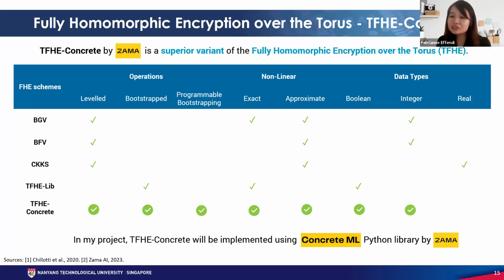It supports both leveled and bootstrap operations and was the first to implement what I explained earlier as programmable bootstrapping. It supports all kinds of nonlinear functions on both Boolean and integer data types. So this makes it a very good FHE scheme to be run with machine learning. And in this project, it will be implemented using the Zama Concrete ML Python library.